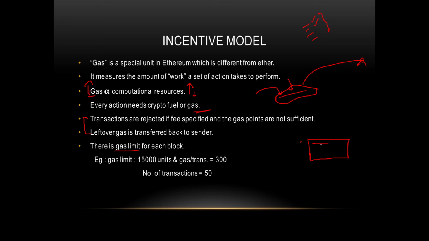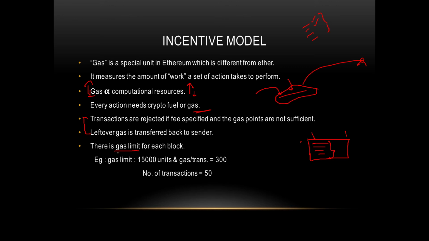If you take all the transactions and the sum of their gas points, it should be less than the gas limit of this block. If it is more, the block cannot be formed. So in order to do this correctly, all the miners take into consideration how much the gas limit is, and accordingly they take in the number of transactions needed to accomplish a little less than that gas.